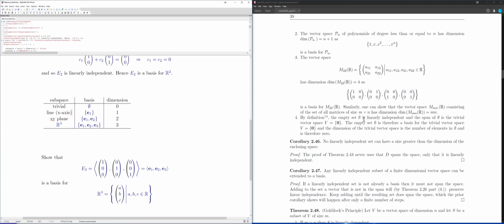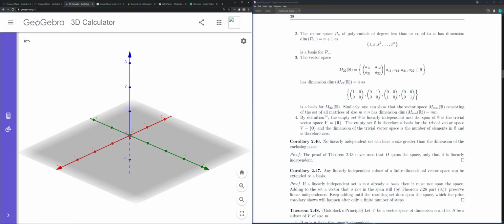Because the empty set is linearly independent and it spans this trivial subspace, when you take the span of it, you get this trivial vector space. What that means is that your empty set is a basis for the vector space that consists of this origin.